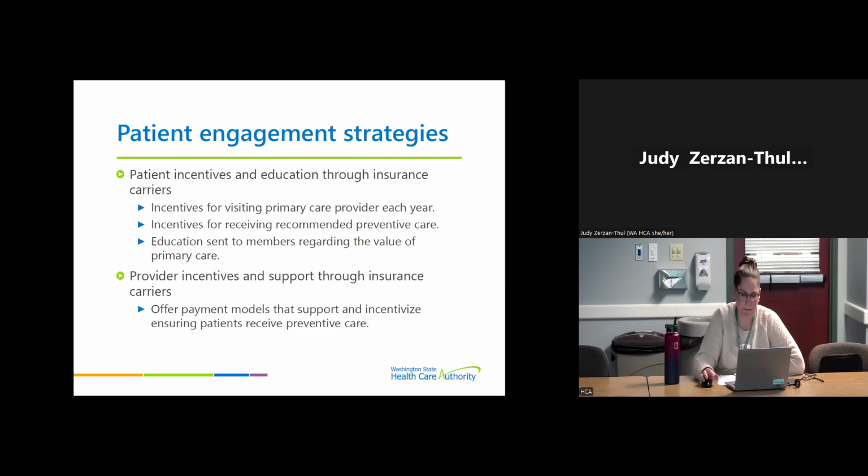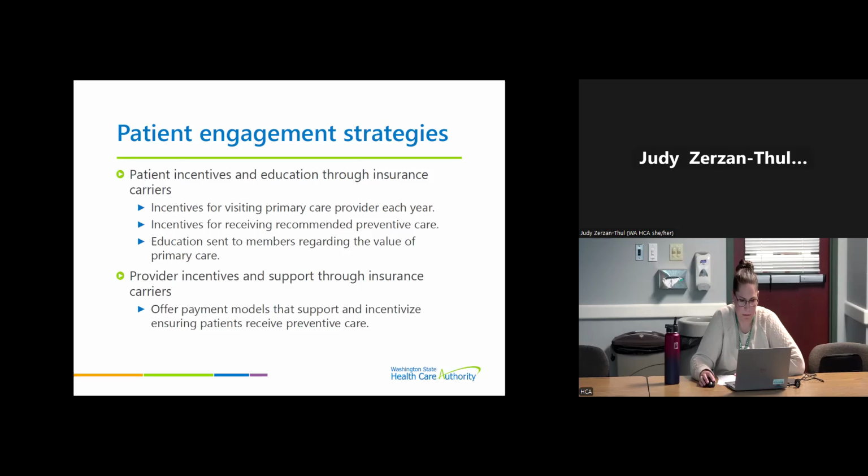And it's a very common practice for insurers to provide education to members that emphasizes the value of primary care. There are lots of different ways to design each of these programs, and there are all sorts of programs across the country. But again, we're just trying to highlight conceptually across each of these different engagement domains what some of the big picture strategies are.